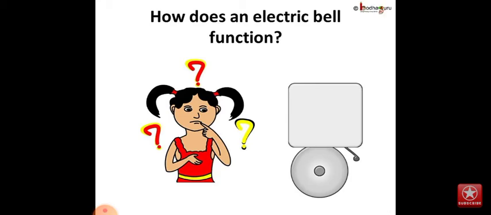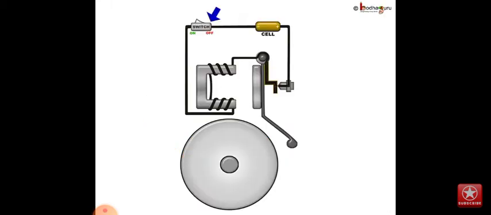How does an electric bell ring? So here is the construction. You can observe the on-off switch is there, and the electromagnet with wound wire is there.